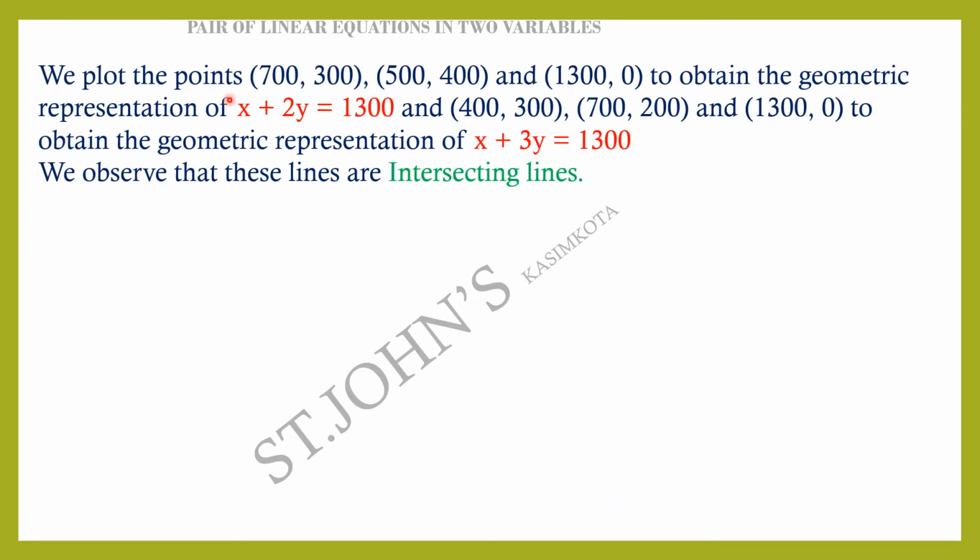We plot the points 700, 300 as the first pair, 500, 400 as the second pair, and 1300 comma 0, to obtain the geometric representation of x plus 2y equals 1300. And 400, 300 is the first pair, 700, 200 and 1300 comma 0, to obtain the geometric representation of x plus 3y equals 1300.